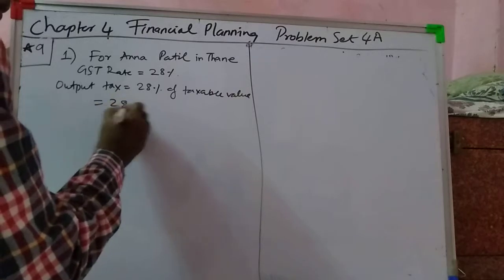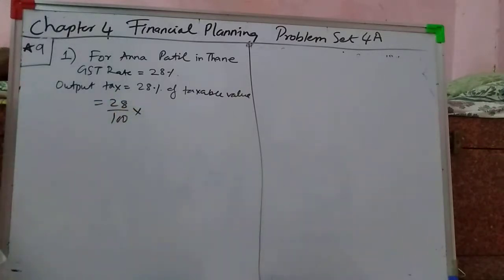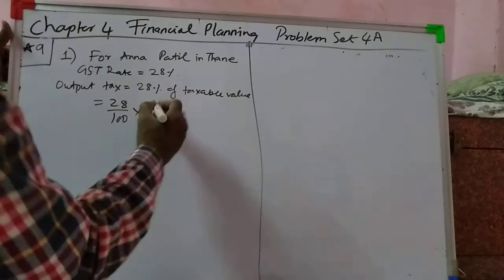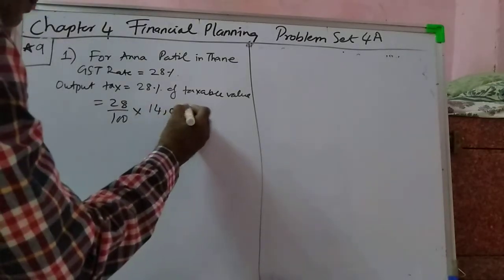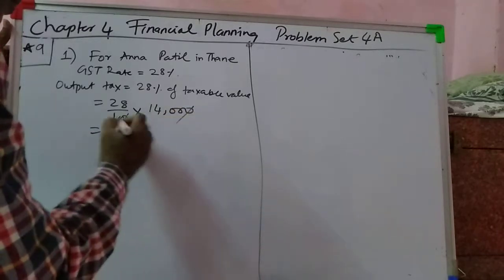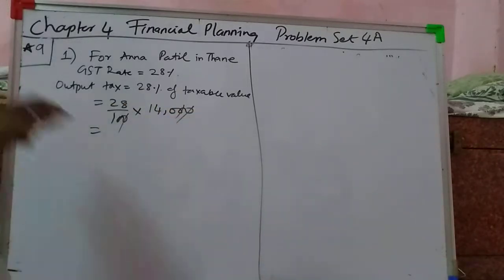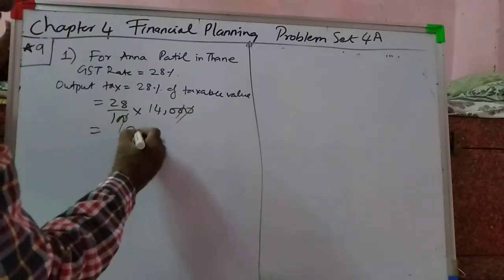That will be 28 upon 100 into the taxable value for Anna Patil, which is given as 14,000. You can cut this, multiply what is remaining, and you get the answer, 3,920.